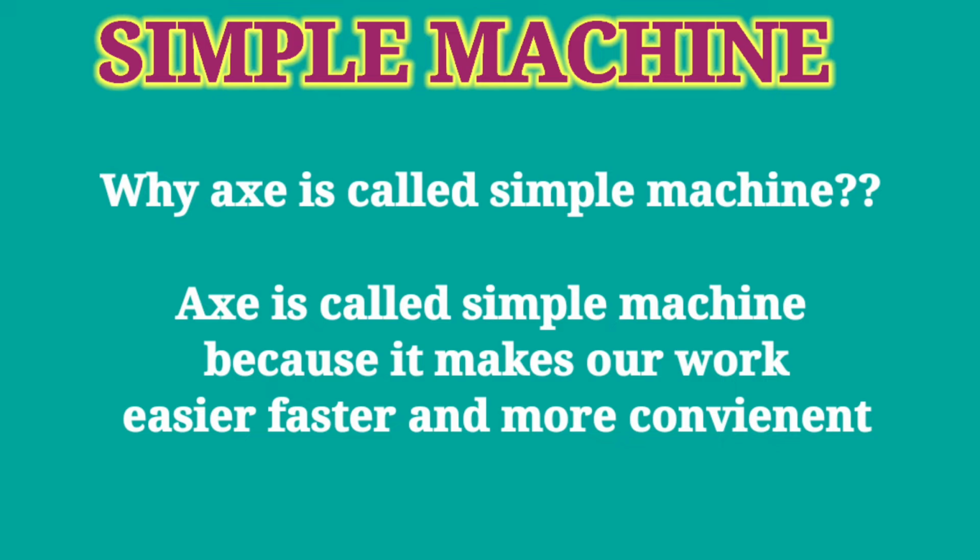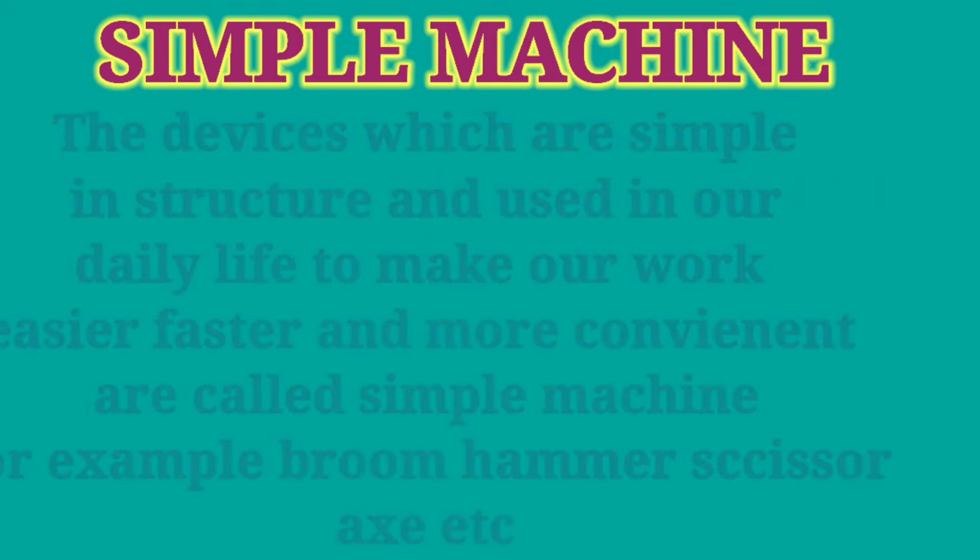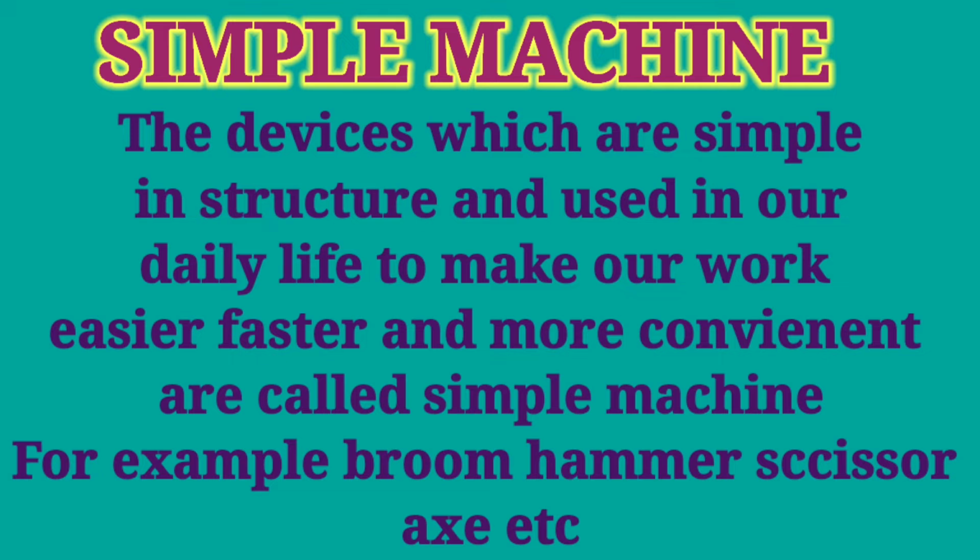Now it is the last time we'll revise it. The devices which are simple in structure and used in our daily life to make our work easier, faster, and convenient are called simple machine. For example, broom, hammer, scissors, axe, etc.